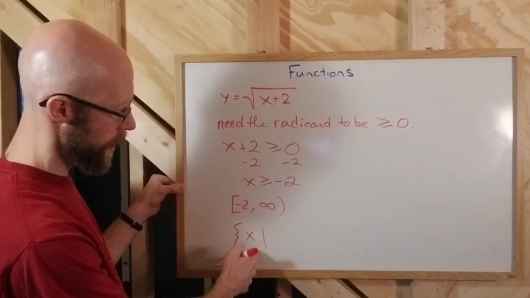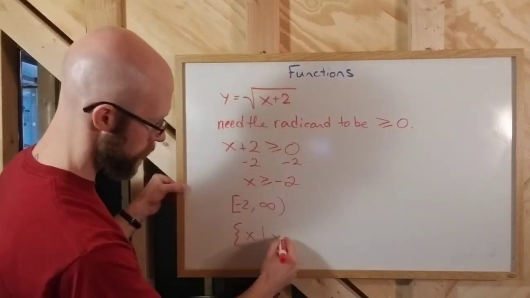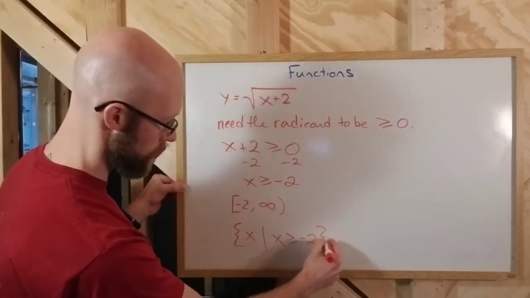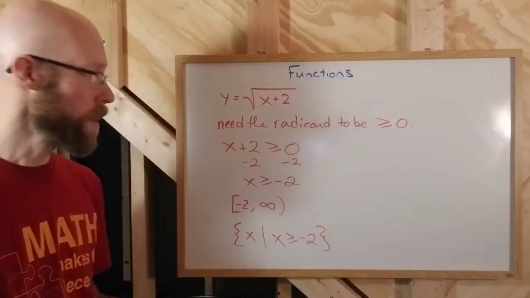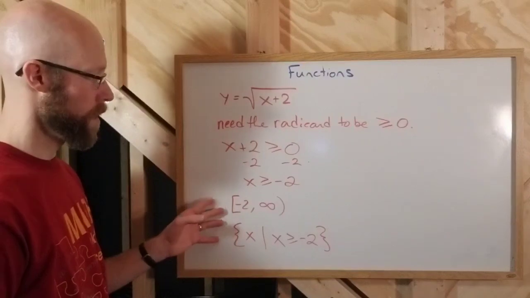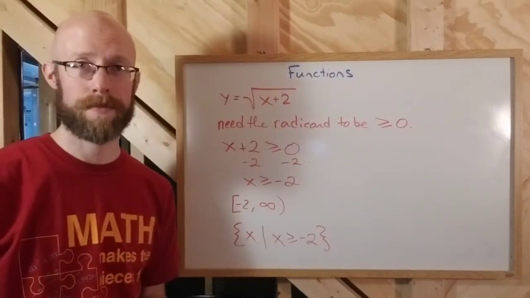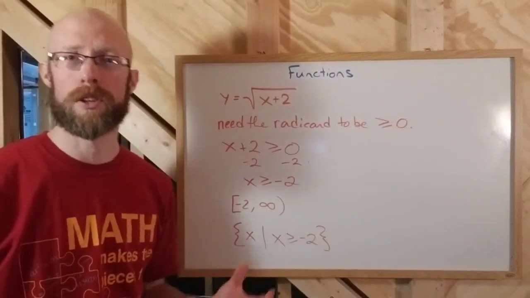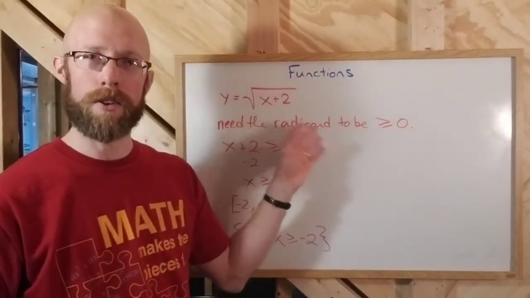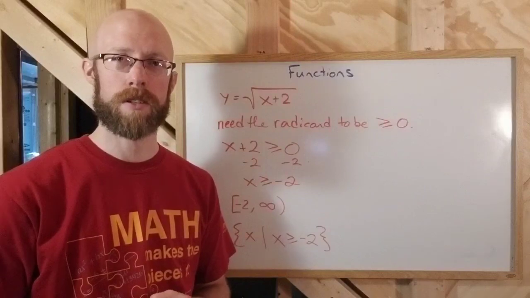The property that it has is going to be just this inequality. X is greater than or equal to negative 2. Okay, so we have our interval form and our set form for that domain.